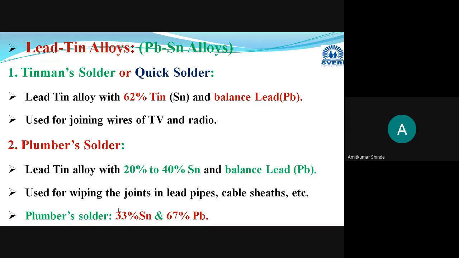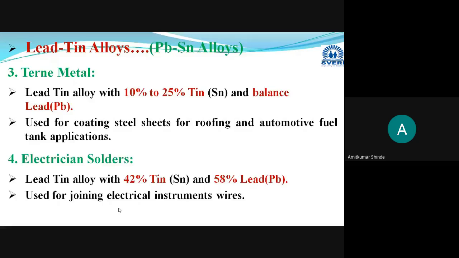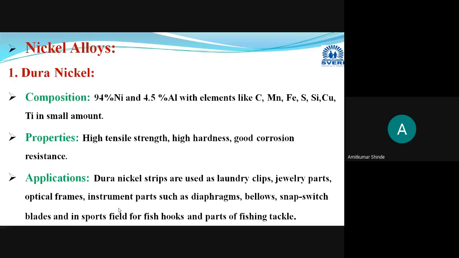Then after the lead and tin alloys, the next point is the nickel alloys. Before actually discussing the different nickel alloys, approximately 9 to 10 nickel alloys I have taken here.